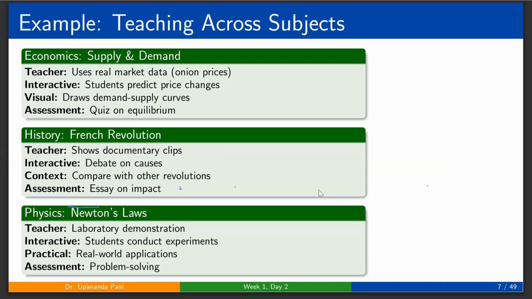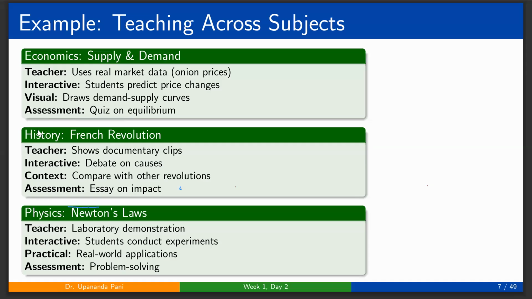Now, for example, if I'm teaching economics and focusing on supply and demand, I'll take some examples which connect my students to real-world data or real market data, right? Then I can make it interactive and visual, and I can do the assessment based on the concepts.